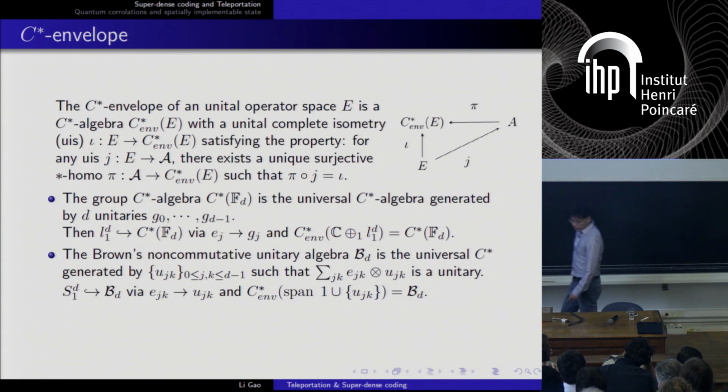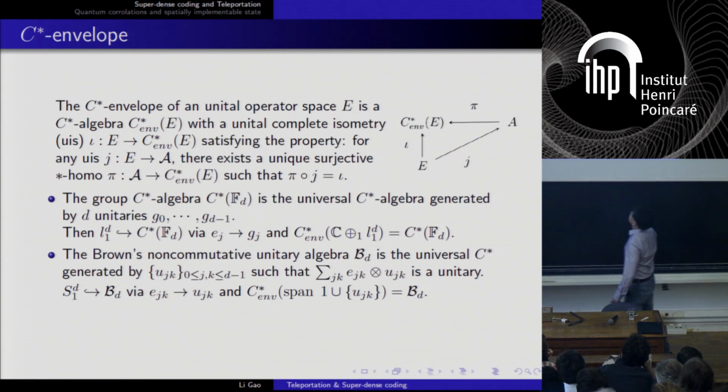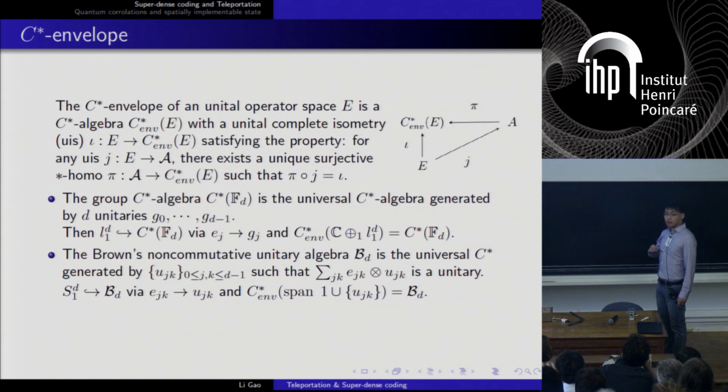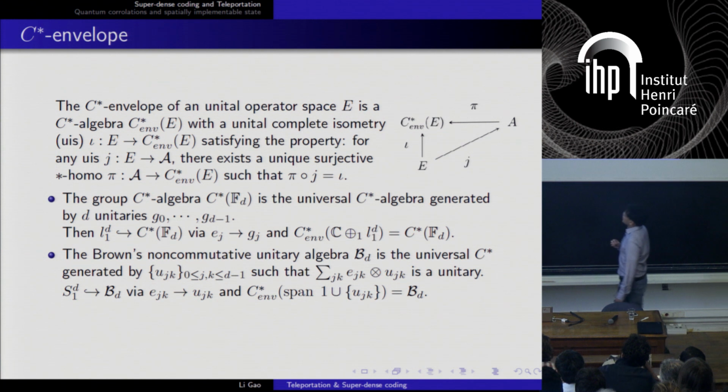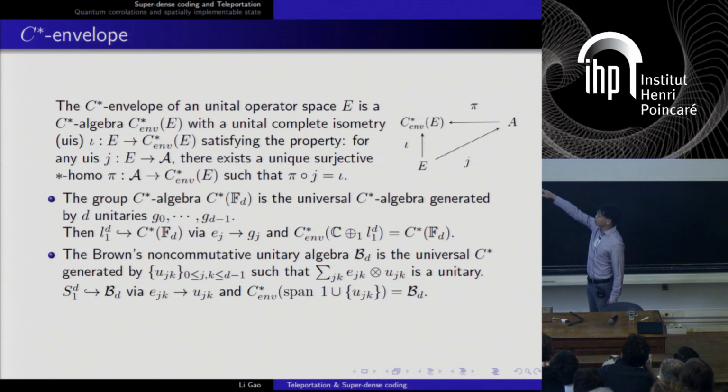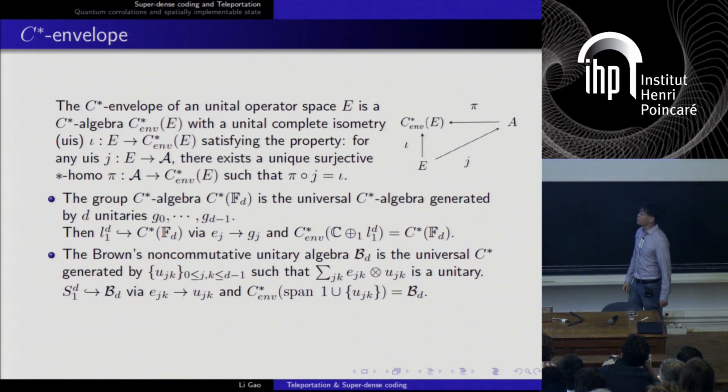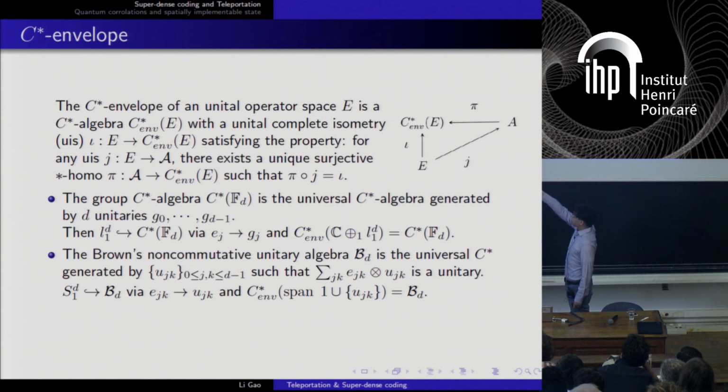The other candidate is Brown's non-commutative unitary algebra. Basically, it's the universal C-star algebra generated by the matrix entries of a unitary. We also have a very natural embedding of the trace class space into Brown's algebra. Basically, you just send the matrix units to the generators correspondingly.